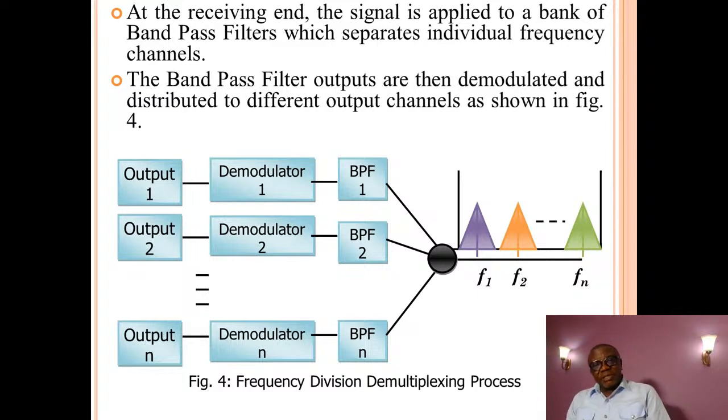It attenuates signal up to a certain point, allows signal to pass, and when it gets to a certain point, it attenuates the signal again. So a band pass filter doesn't allow lower frequency signals to pass, and it doesn't allow higher frequency signals to pass.